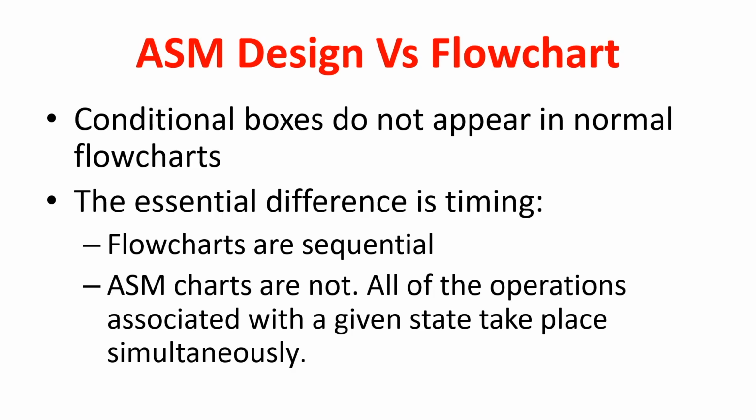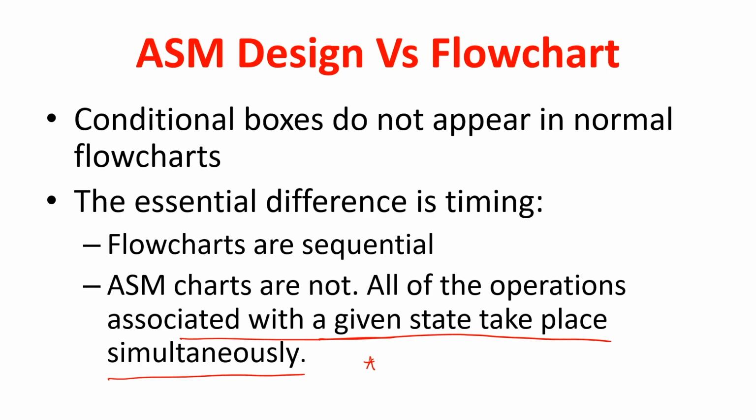The essential difference is timing. Flow charts are sequential, ASM charts are not sequential. All the operations associated with a given state take place simultaneously. Also, I am mentioning that all the operations associated with an ASM block take place simultaneously.